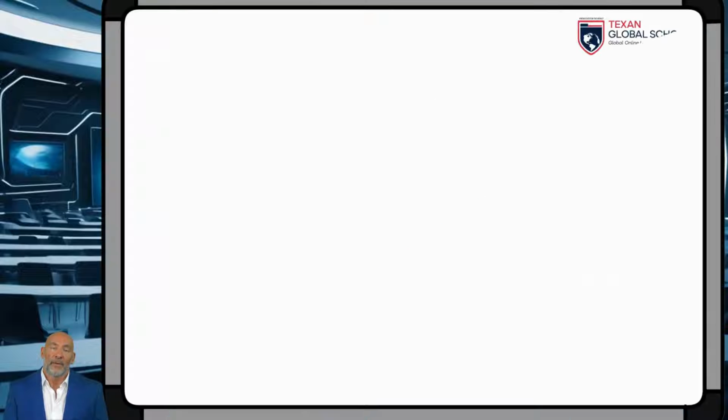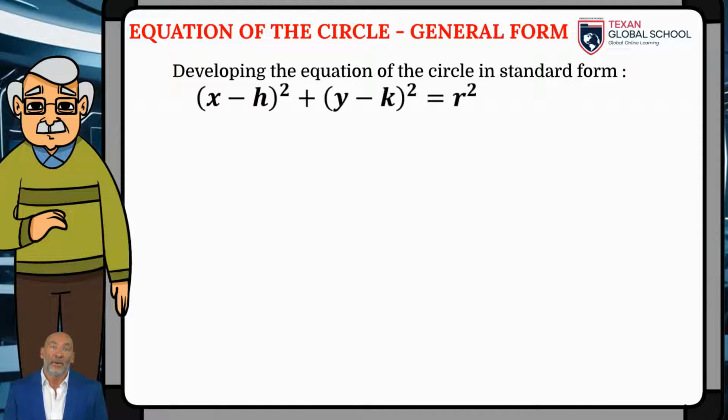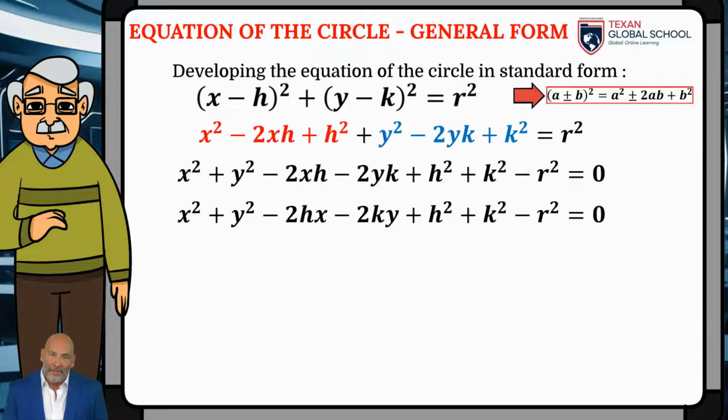If we algebraically develop the equation of the circle in standard form, results the so-called general form. This is done using special products, developing the square of a binomial as a perfect square trinomial. X minus h squared results x squared minus 2xh plus h squared. Y minus k squared results y squared minus 2yk plus k squared.